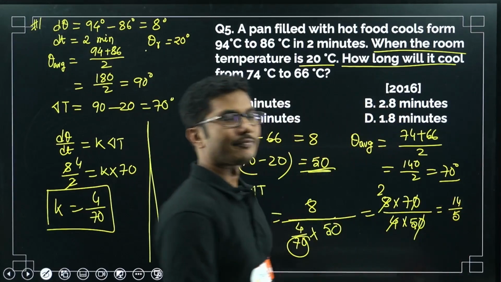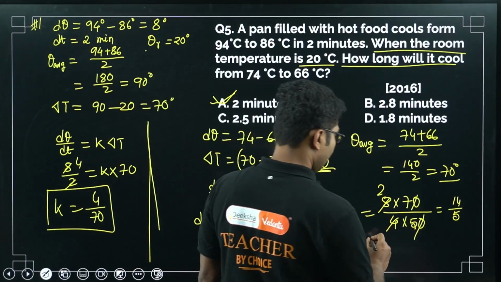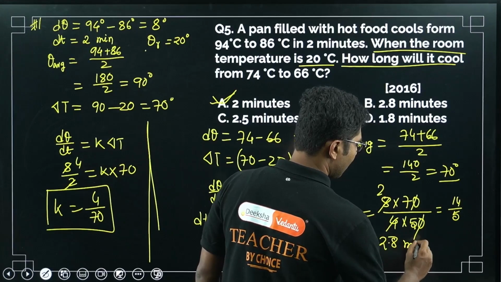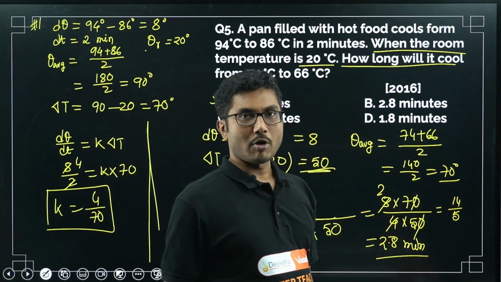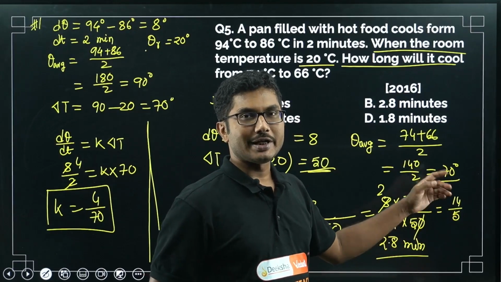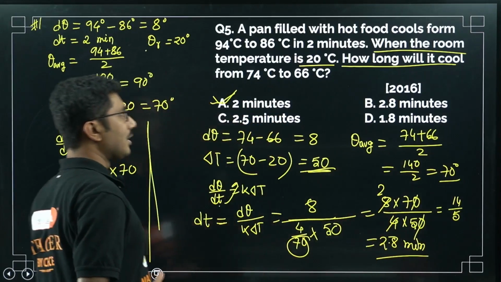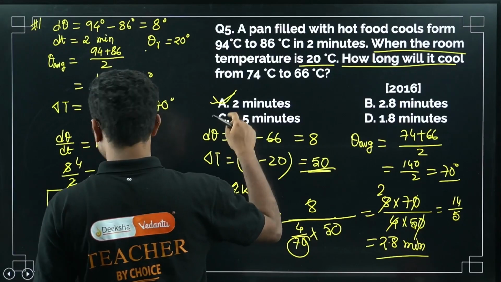Now tell me the answer. 14 by 5 without using a calculator is 2.8 minutes. How? Multiply 2 on top and bottom. 14 becomes 28, 5 becomes 10. So 28 by 10 means 2.8. That's how you can do it quickly. Okay, so let me correct my mistake.